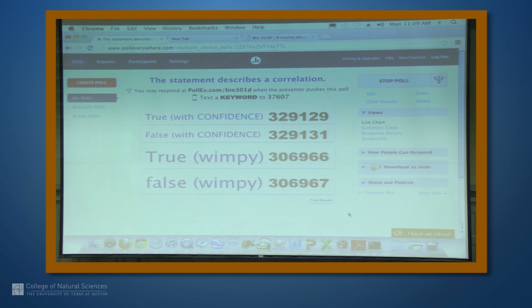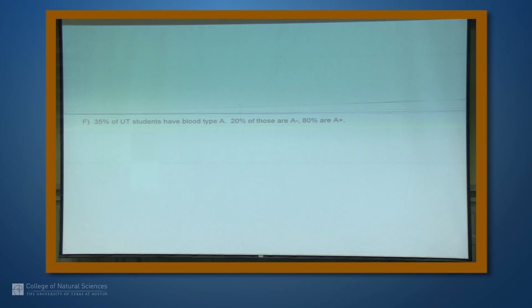So same numbers. Actually, I probably should have gone over that. We'll go over that previous one, though most of you got it right anyway.